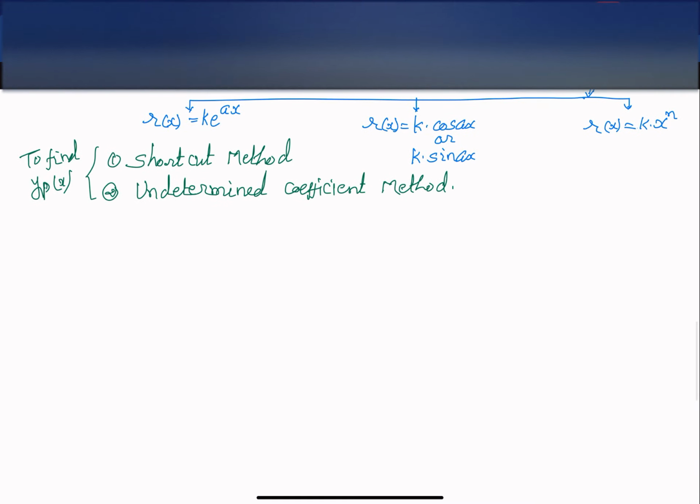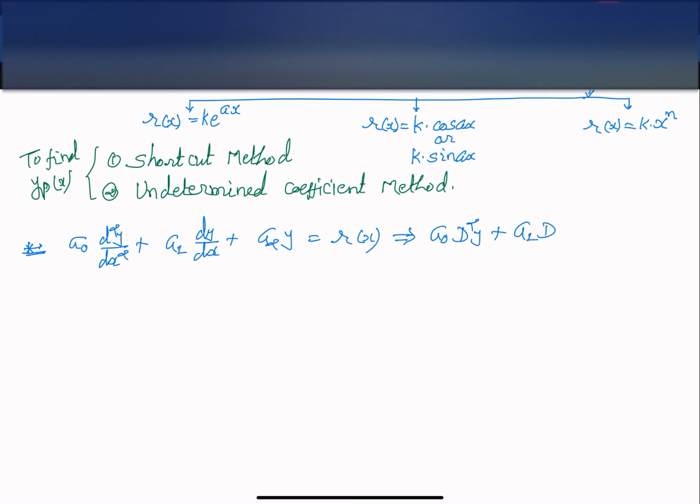So suppose I have given the differential equation of order 2, that means a0 d2y/dx2 plus a1 dy/dx plus a2 y is equal to R. You can rewrite this equation as a0 D^2 y plus a1 D y plus a2 y is equal to R(x).